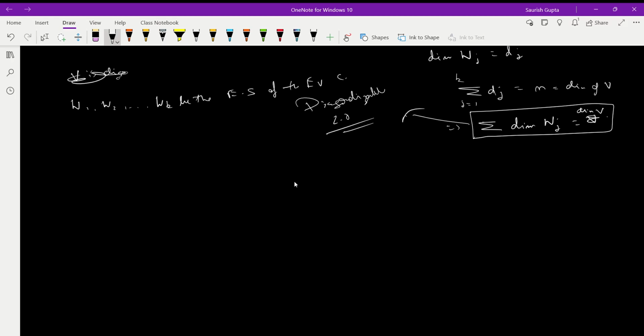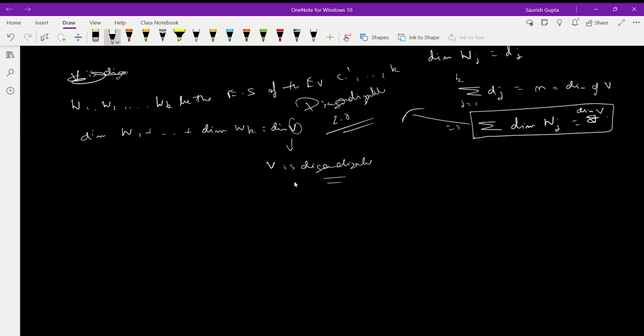That is, if you have W1, W2 till Wk be the eigenspaces of the distinct eigenvalues C1 till Ck, and the sum of the dimensions of each of them equals the dimension of V, then V is diagonalizable.